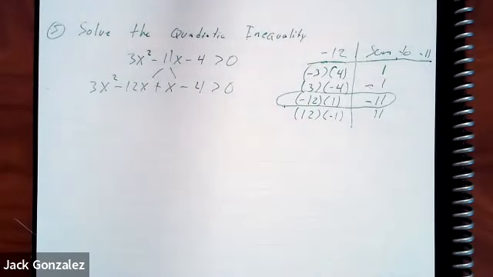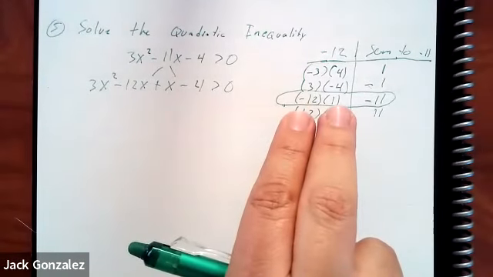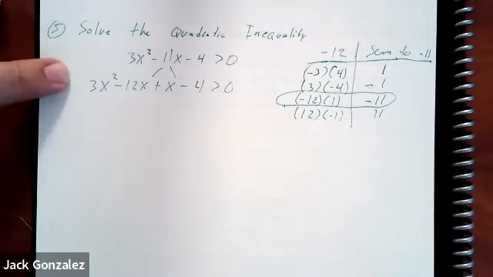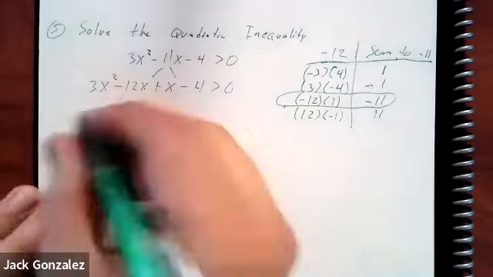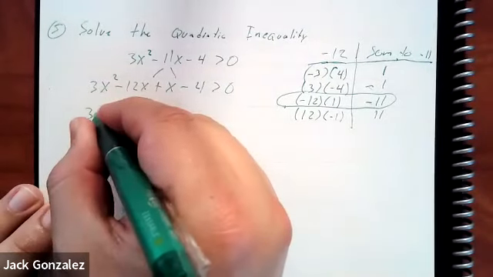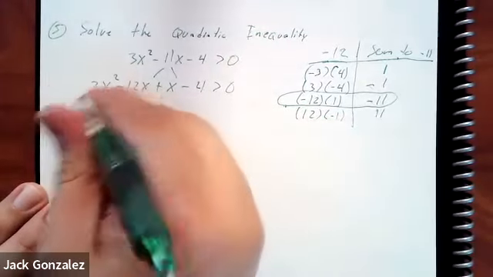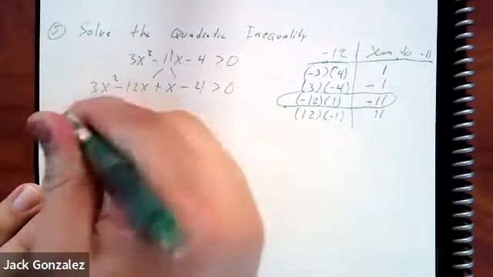Okay, so I broke up the center term into negative 12x plus x, which are these same numbers right here. That's the AC method, which I'm hoping you already went over. But if not, this is it right here. So factor, what do these first two terms have in common?